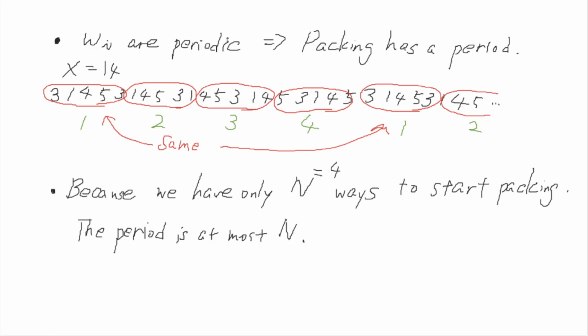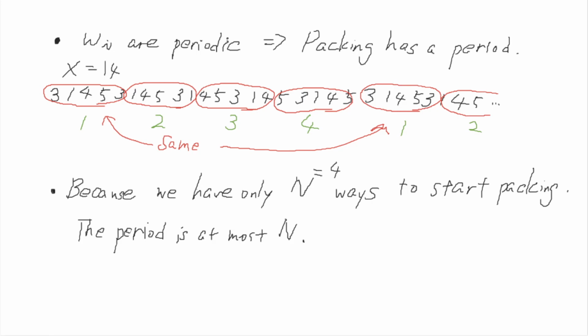The first idea is to think about the period. So we know W, which is the weight of potatoes, has a period. Therefore, the way of packing also has a period. So let's take the example again.